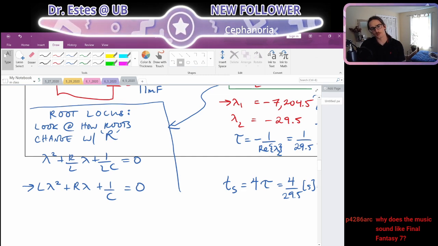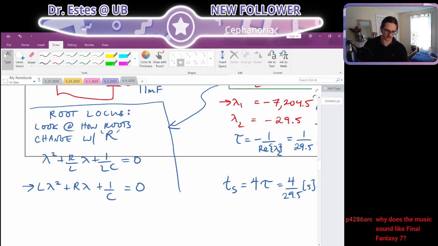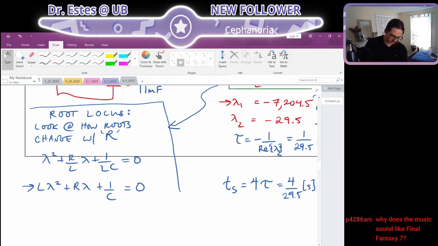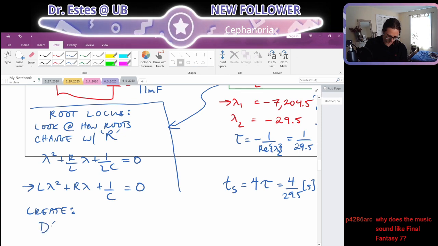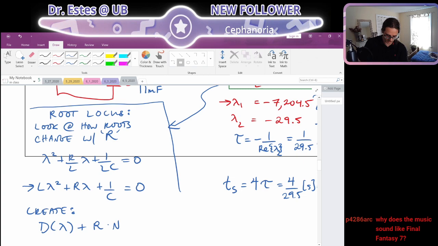Now remember, when we make the root locus, we want to make what we call the D polynomial and the N polynomial. So in other words, we want to create d lambda plus r times n lambda equals 0.